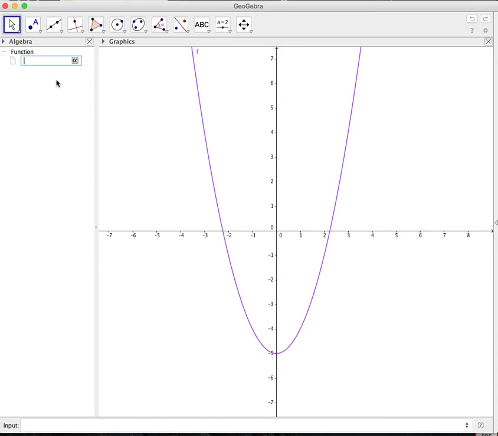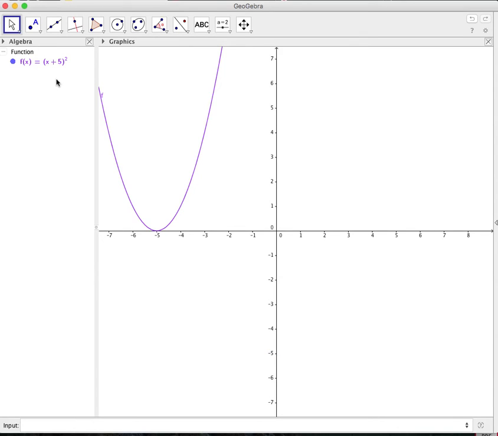Let's have x plus 5, squared. Now what happens? The curve moves over here. Huh. My minimum is now at -5. Now I see that, right? -5 plus 5 is 0. Okay, that makes sense.